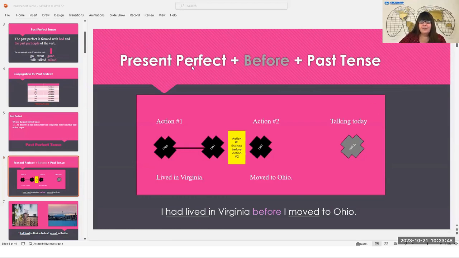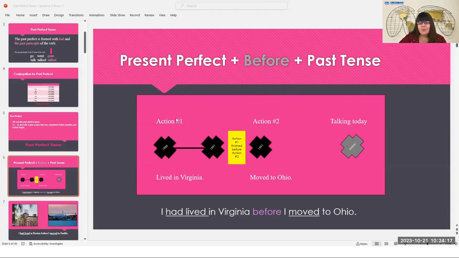We have the past perfect, had been, had gone, had talked. We have the idea or the word of before, and then we have past tense because we have two actions. And in this verb tense, we're talking about two things in the past.